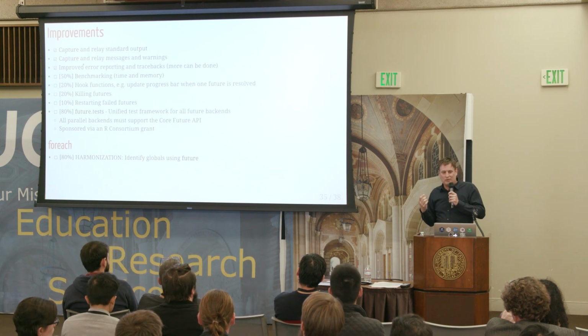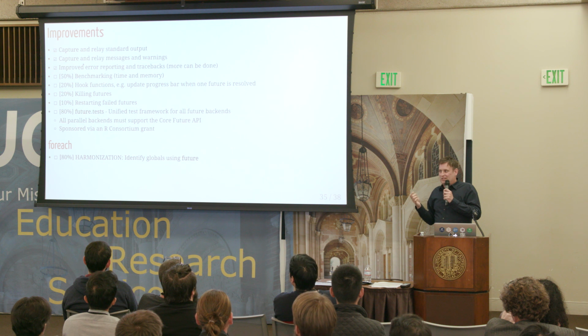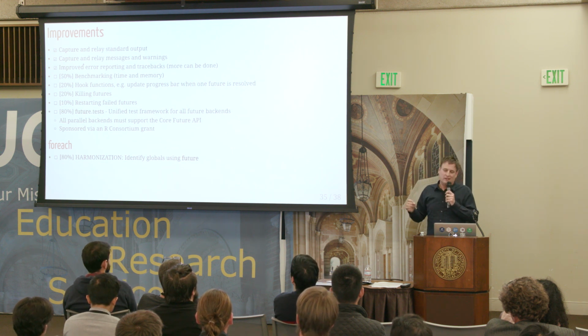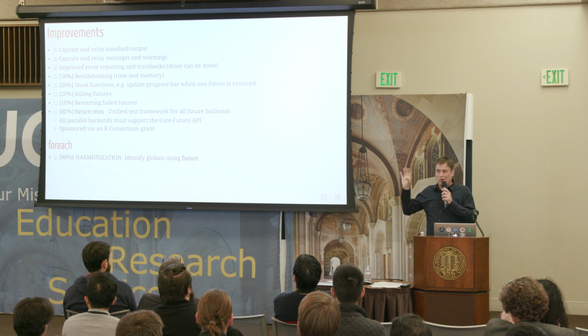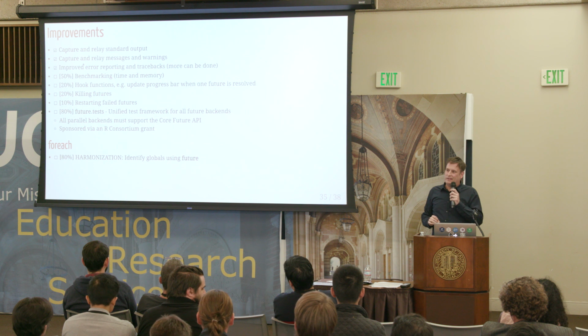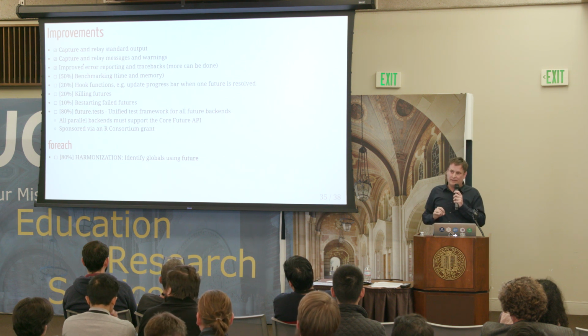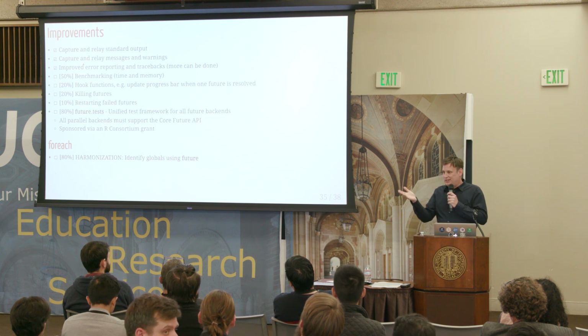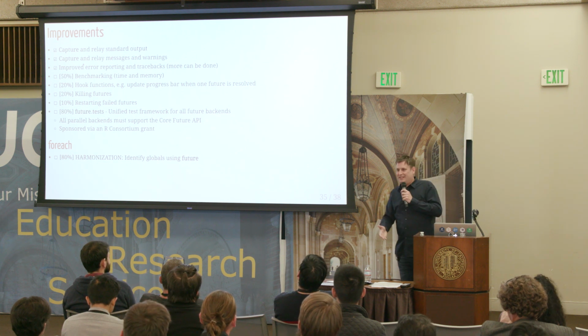And then the similar idea with relaying messages, which is standard error, basically. But also warnings, so if there's a warning generated somewhere, that's relayed to a local machine in a consistent way. Error messages in troubleshooting is complicated.